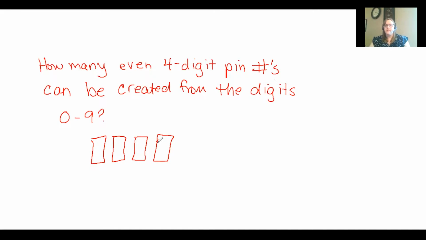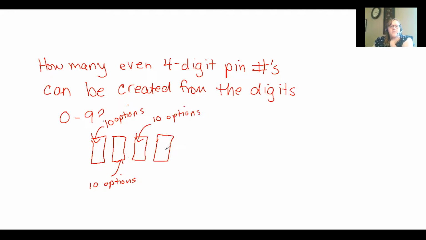All right, so here, this one's a little different though, because the first number can be anything from 0 to 9, right? So there's 10 options there, like in our previous example. In the second spot, it also can be anything from 0 to 9, so there are 10 options. The third number can be anything from 0 to 9, so there are 10 options.